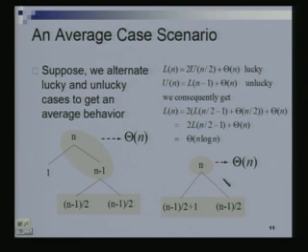Let's try and do this formally. It seems that for many scenarios we will get a log n. We want to argue that this really is the case, that the expected time is n log n.